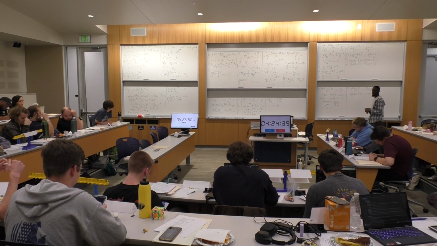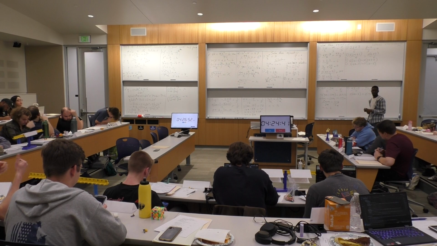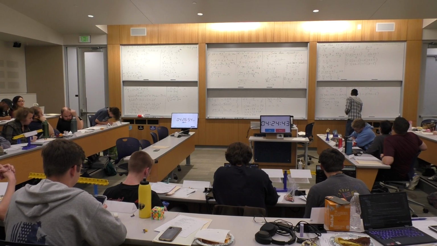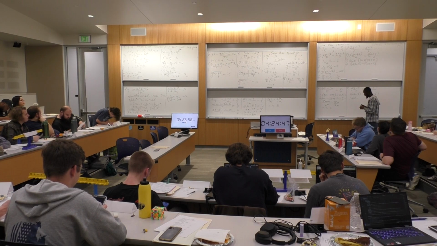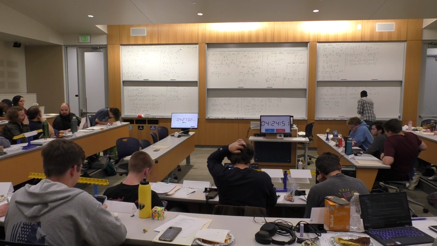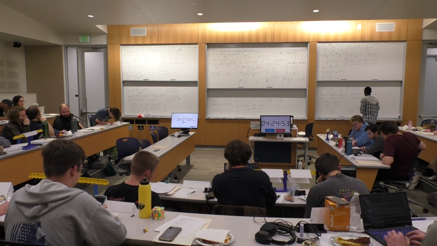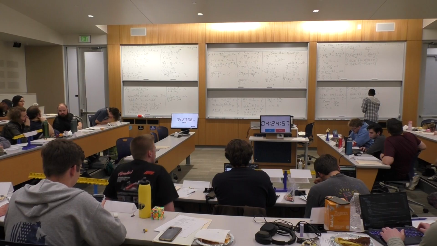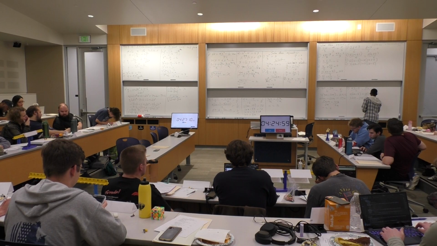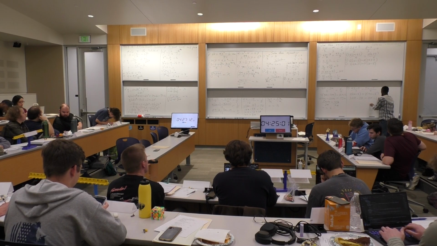8 times 4 will give you 32. 32x minus 8 times minus 3, 24, right? Equals 2 times 9x will give you 18x minus this will give you 12.